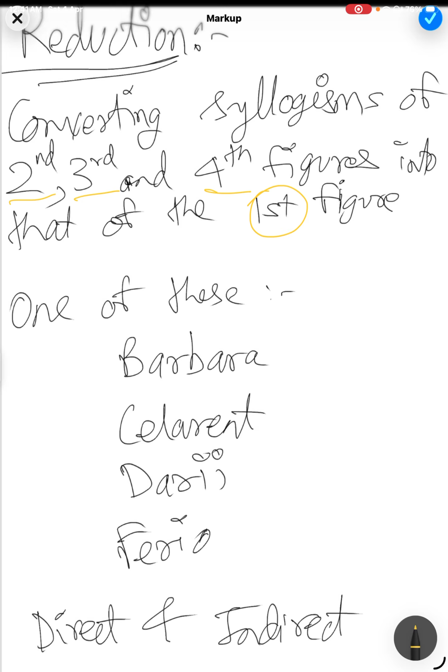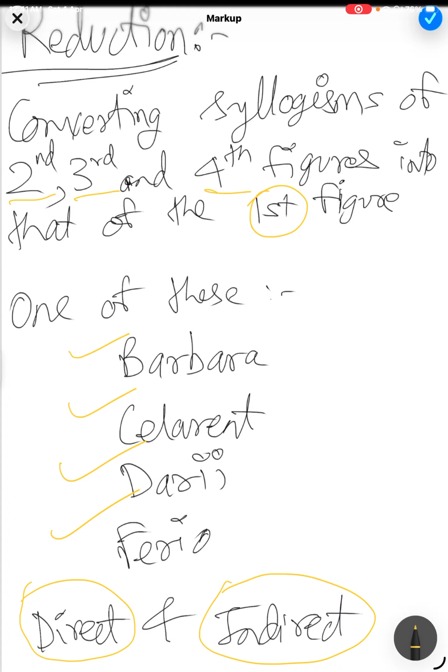There are two types. There is direct reduction, and there is indirect reduction. We're going to see both. Now, converting a syllogism into valid modes of the first figure, only one of these four will be the destination: Barbara, Celarent, Darii, Ferio. Okay.